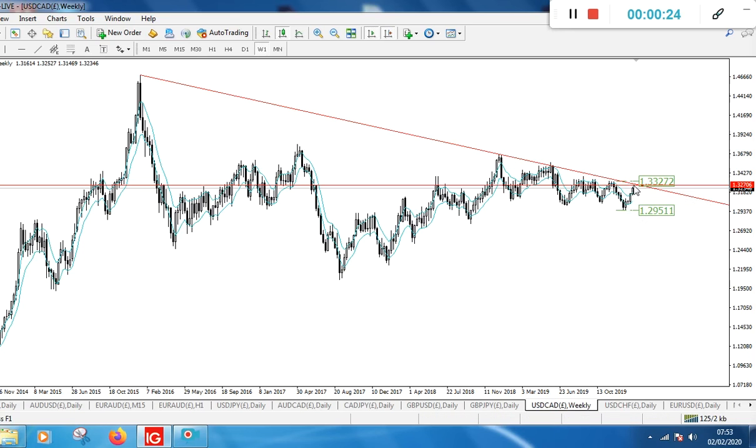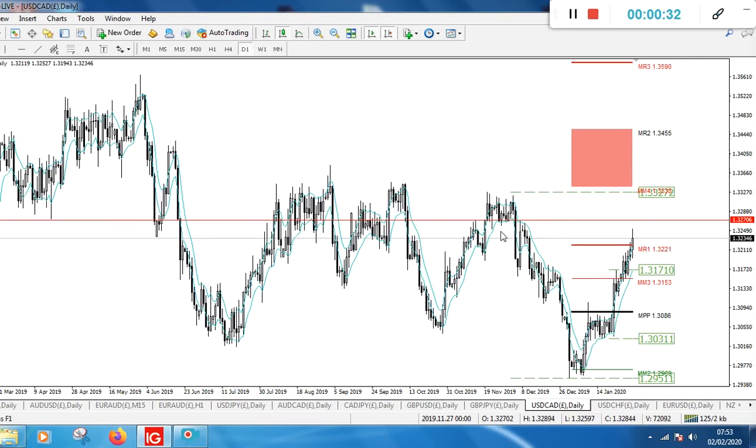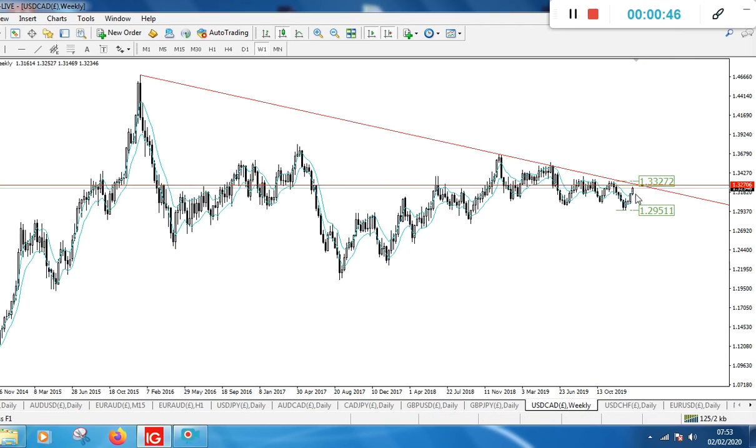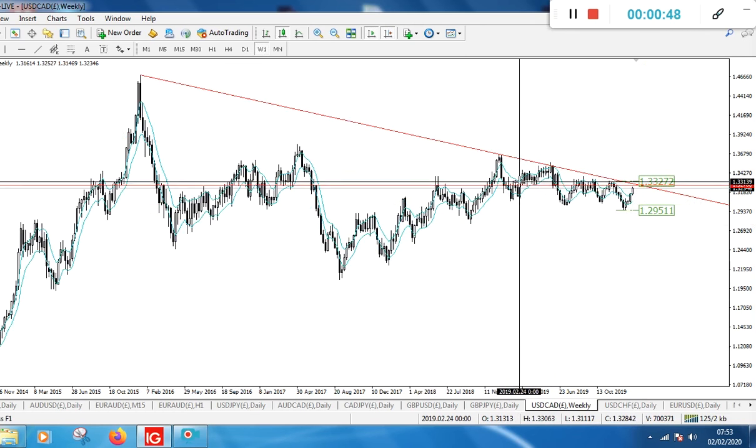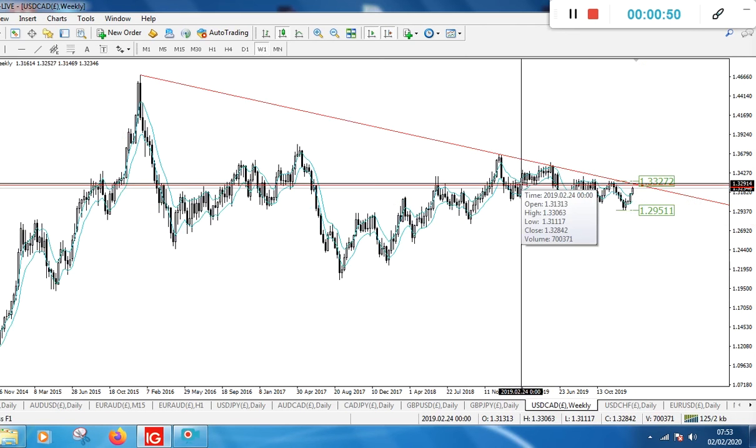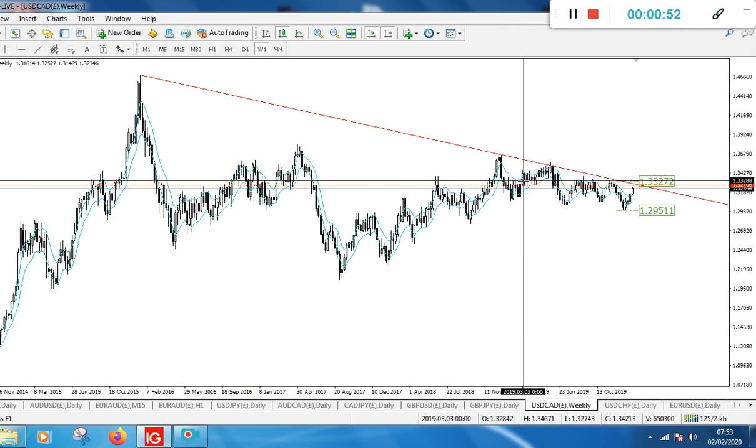So let's see if there are some pips to be squeezed out. Not much, probably like 40, 50 pips up until that resistance. And then for that trend line, it depends how it's going to react. So there's still some pips to get out of it until it reaches that resistance.